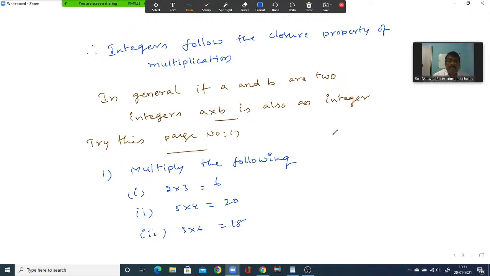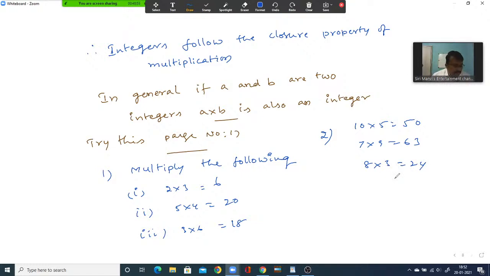So second question is, similarly multiply any two whole numbers of your choice. So I am going to take 10 into 5, 50. I am going to take 7 into 9, 63. I am going to take 8 into 3, 24. That's it. Okay.